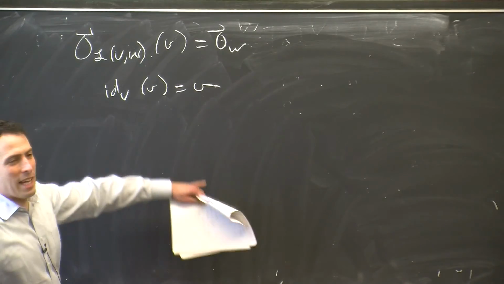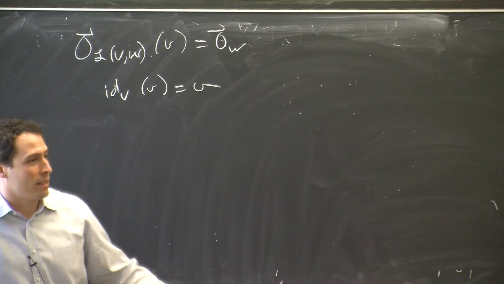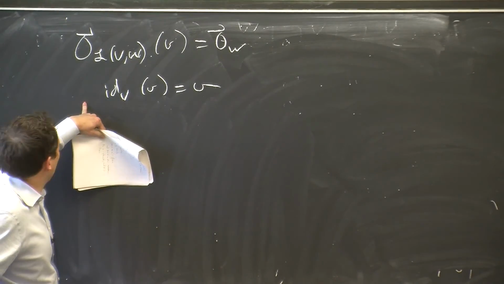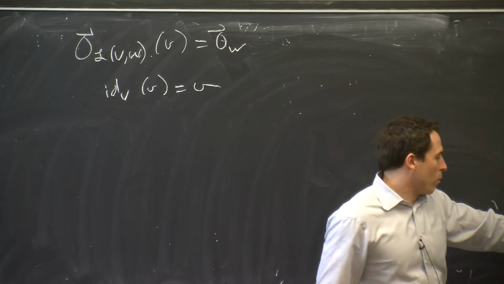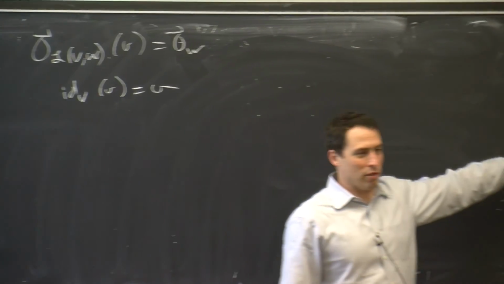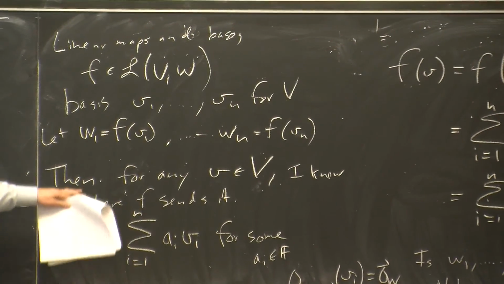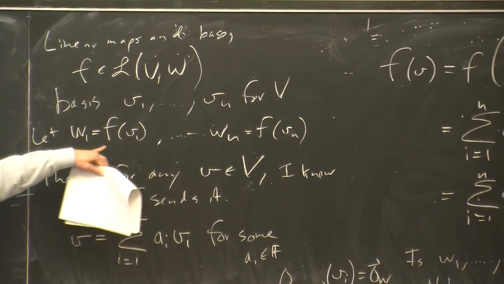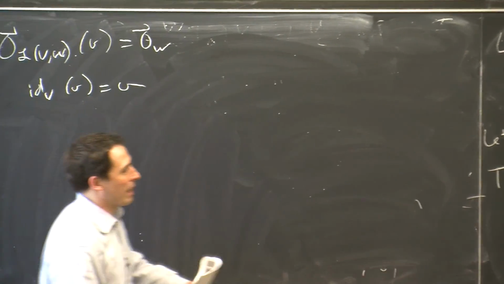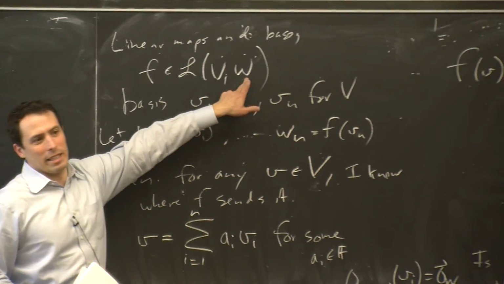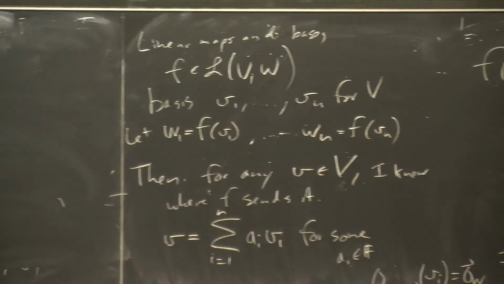To define those, we didn't have to say anything about a basis. And there are other transformations that you can think about defining in terms of these, right? I could scalar multiply this and that kind of thing. But for the most part, when we're defining a linear transformation, we're going to use this fact. We're going to have a basis for the vector space, and we're going to define the linear transformation by saying where it sends each basis vector. In some sense, that, plus taking a basis for W, is the idea behind representing linear transformations as matrices of numbers, which we'll explain.